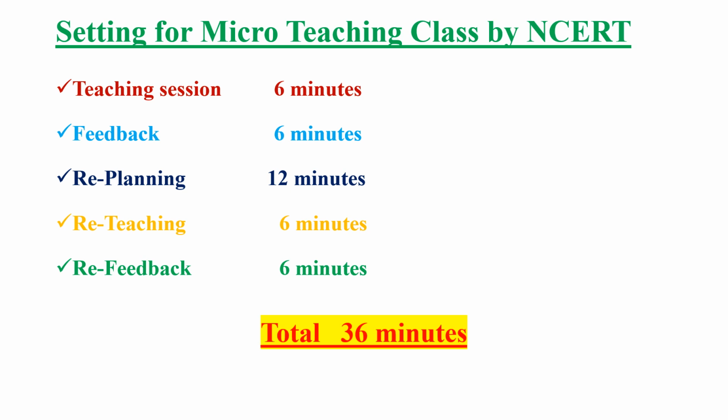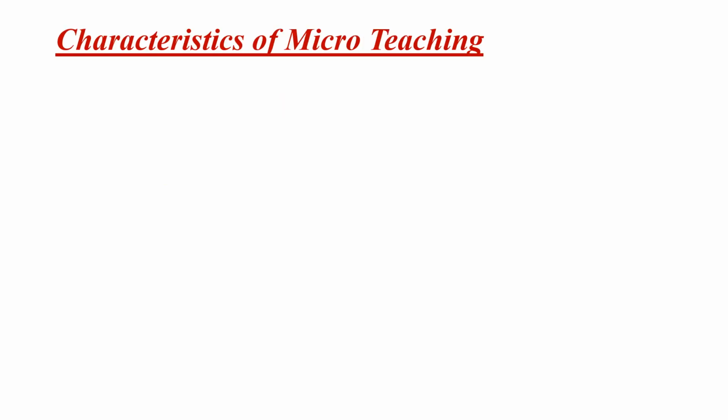Now, the setting of the micro teaching class as given by NCERT states that the teaching session should be 6 minutes, feedback 6 minutes, replanning 12 minutes, reteaching again 6 minutes, and refeedback again 6 minutes. The total is 36 minutes. That means your micro teaching class will consist of 36 minutes, where you will teach for 6 minutes, get feedback for 6 minutes, replan for 12 minutes, then reteach for 6 minutes, and get re-feedback for 6 minutes.